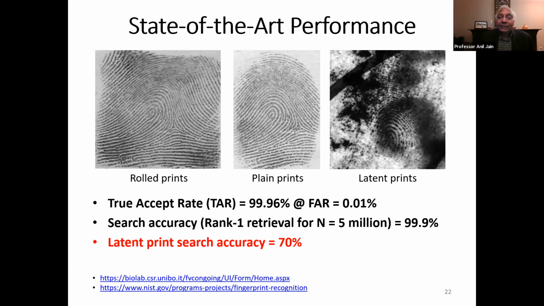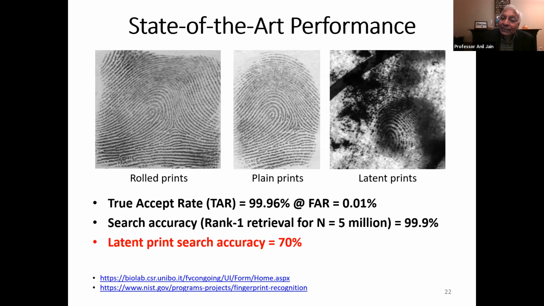So it's clear that if the fingerprint quality is good, accuracy is very high, but if the fingerprint quality is poor, accuracy is low. But even a search accuracy of 99.9% for n equal to 5 million is not really acceptable as you start increasing n to 100 million, 500 million, or a billion.